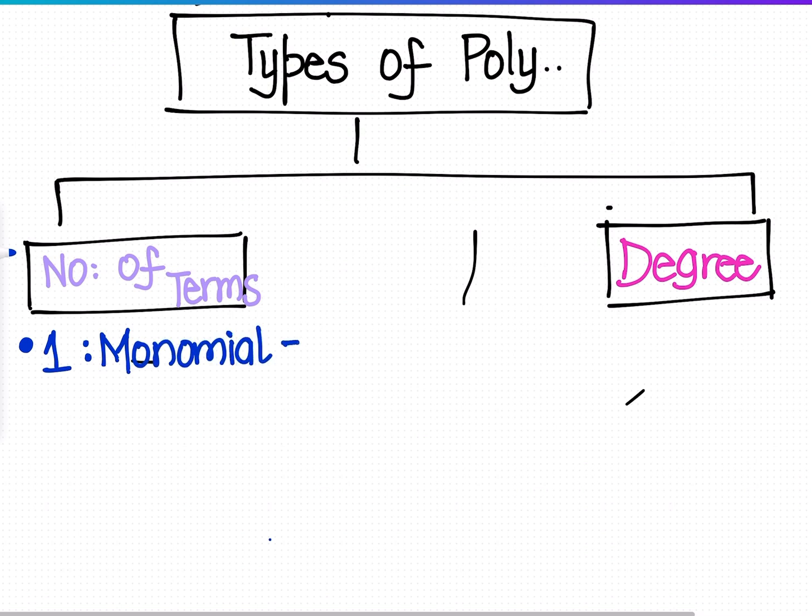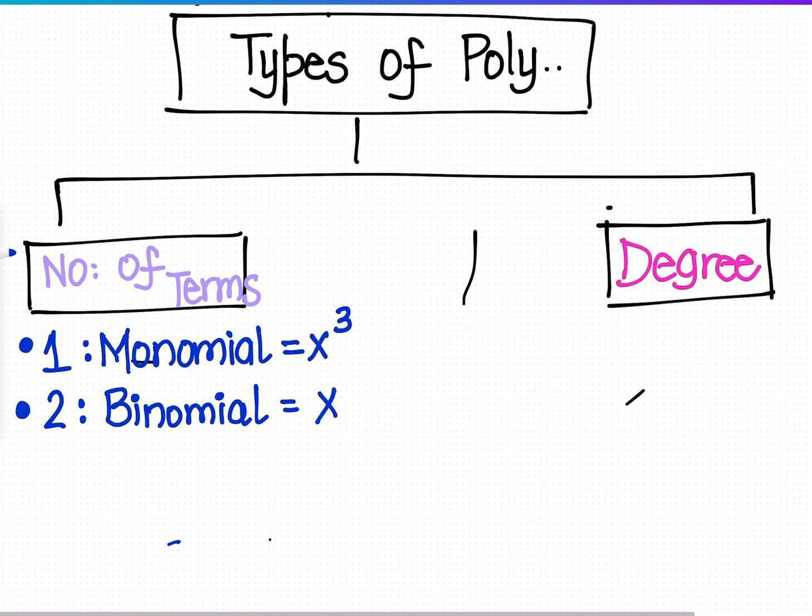An example could be x to the power of 3. That's just one term, x cubed, and there are no more terms separated by plus or minus signs. Hence, it is called a monomial. Mono means 1. Now, let us see a polynomial with 2 terms. A polynomial with 2 terms is called a binomial.